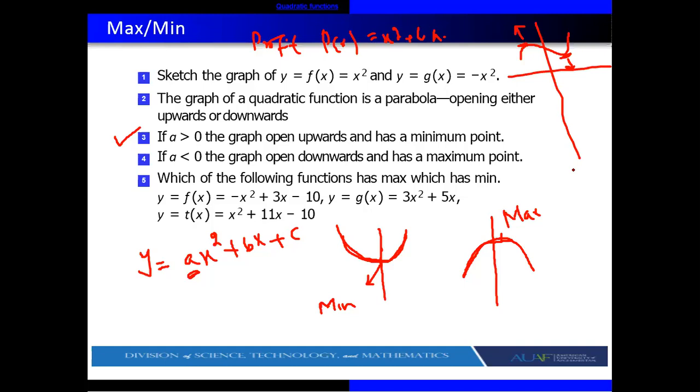So we need to write these in vertex form. What does vertex form mean? Let's study vertex form. The main thing in a quadratic function is writing it in vertex form.